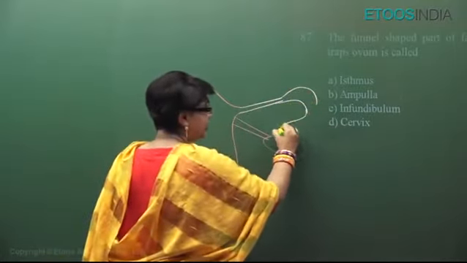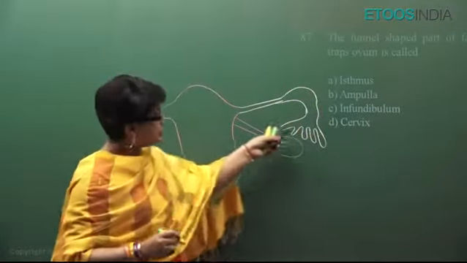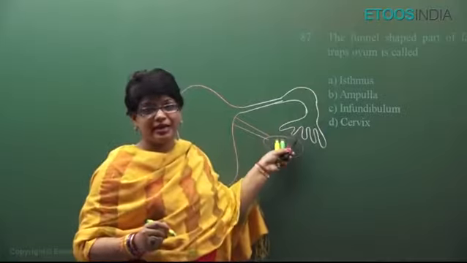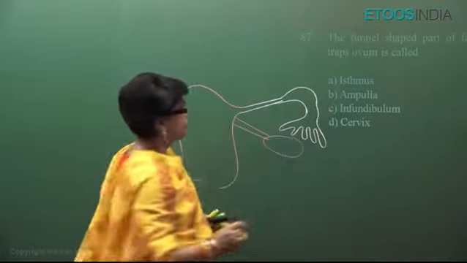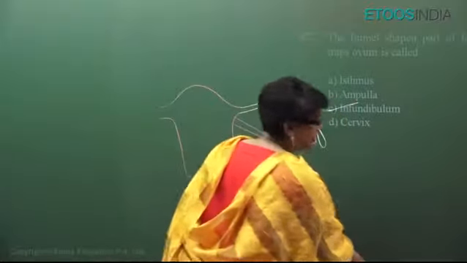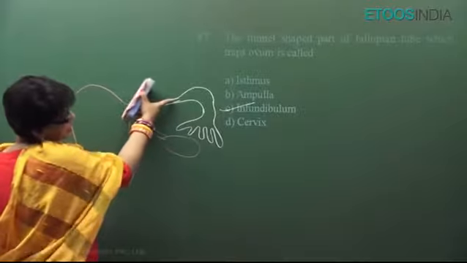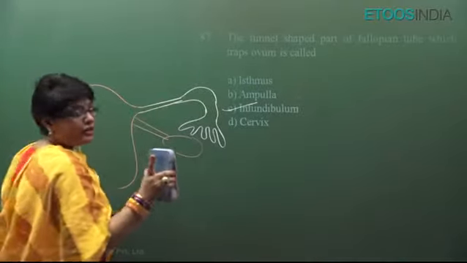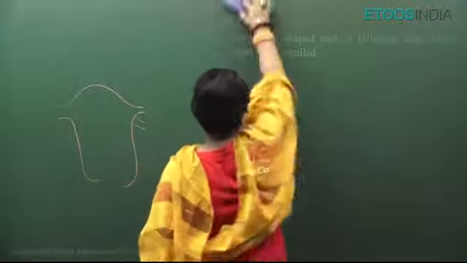And then this funnel shaped part is the infundibulum. In this funnel shaped part, there are finger-like projections called fimbriae. So this traps the ovum. So infundibulum. Alright. And where does fertilization take place?